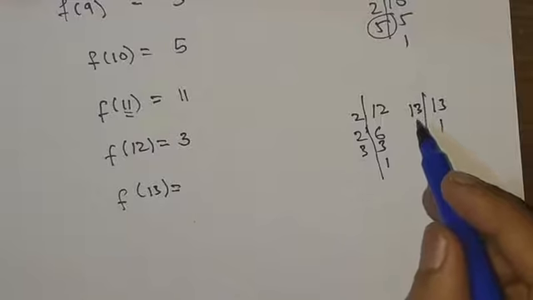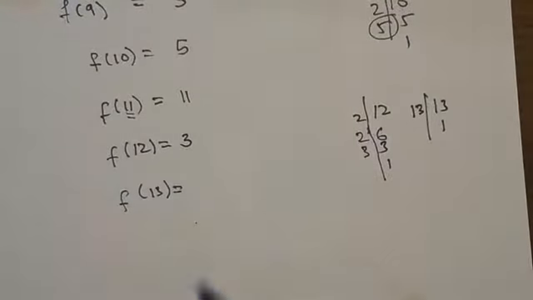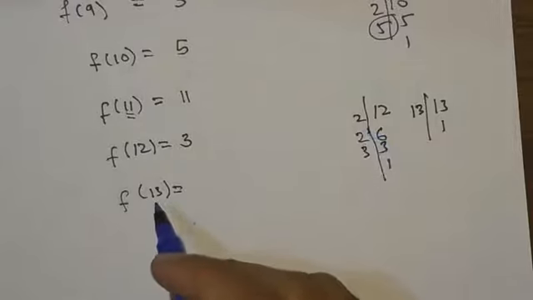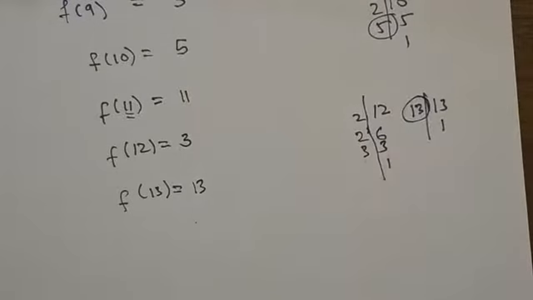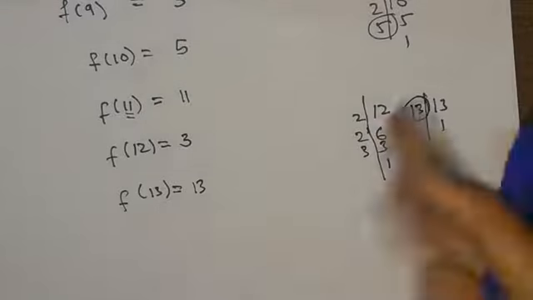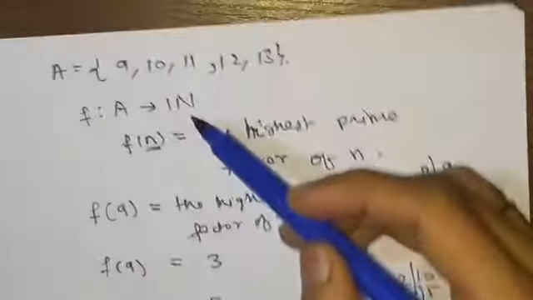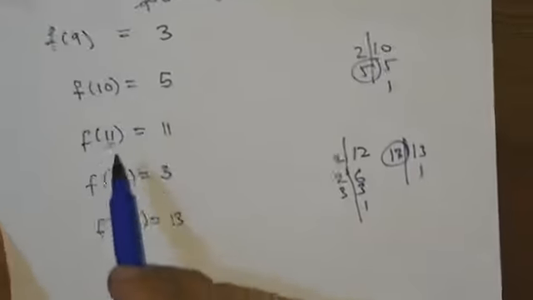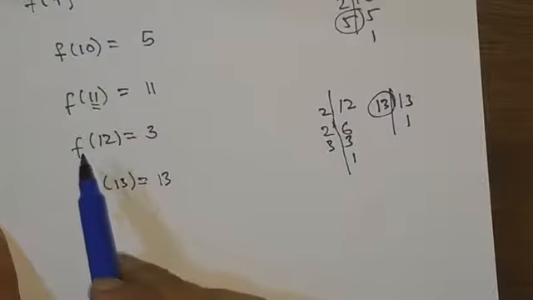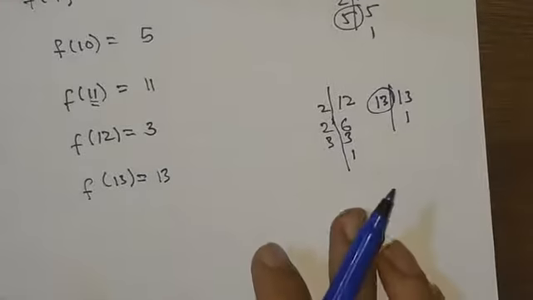No prime factor other than 13 you can write here. So the highest prime factor of 13 is 13. So you got all the values of the elements in the set A, right? f of 9 is equal to 3, f of 10 is equal to 5, f of 11 is equal to 11, f of 12 is equal to 3, f of 13 is equal to 13.